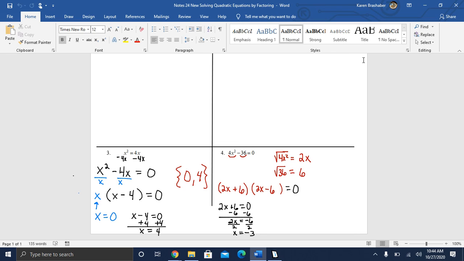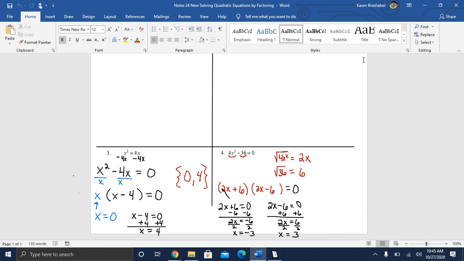So there is one of our answers. And then we'll do the other factor, 2x minus 6 equals 0. It's similar, but it's not the same answer. So we can add 6 to both sides. We'll get 2x equals positive 6. Dividing both sides by 2, we get x equals positive 3.